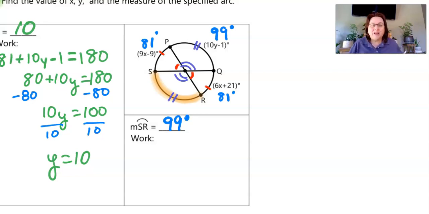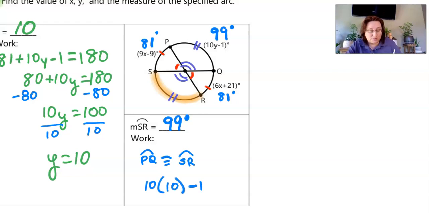There we go. Now, what would be my work? I could say that arc PQ has to be congruent to arc SR. I could also plug in my Y and say that 10 times 10 minus 1 equals 99. That's what my work could look like.